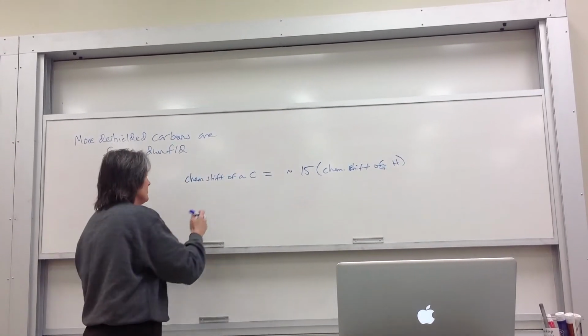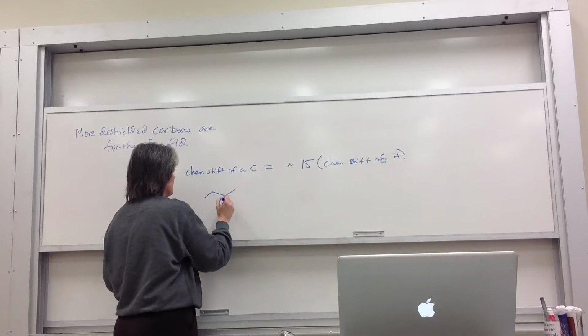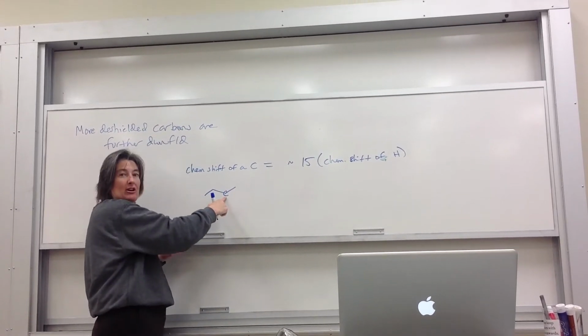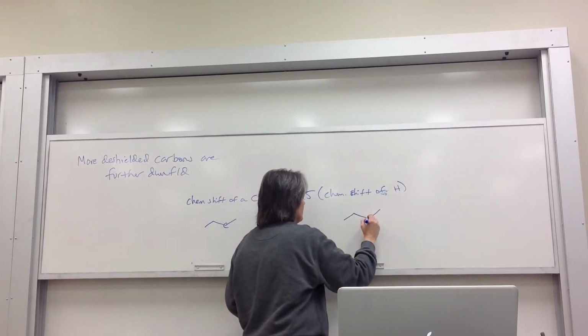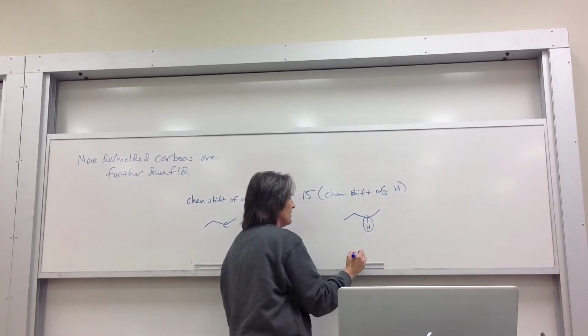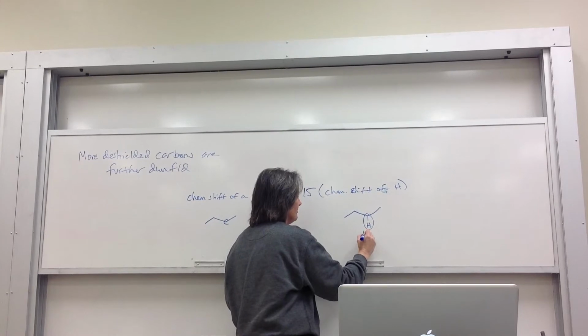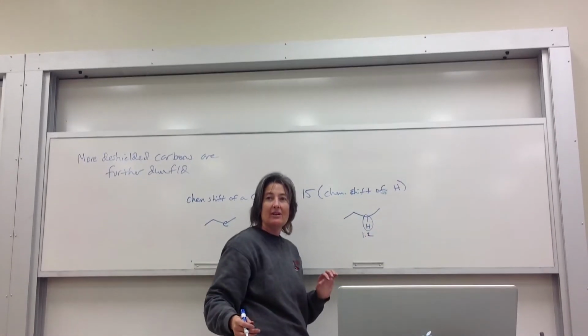So as an example, let's say I wanted to know the chemical shift of that carbon right there. Well, the chemical shift of that hydrogen right there is about, I don't know, 1.2 maybe?